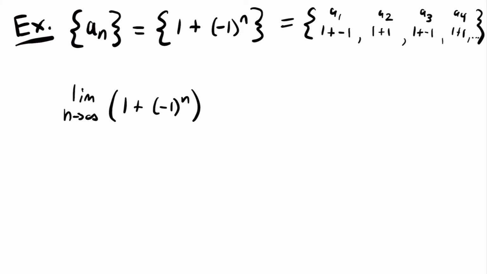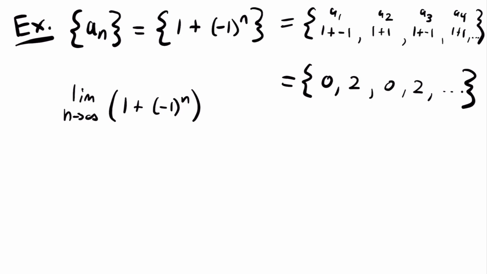And so what we have here is that this is equal to 0, 2, 0, 2, and so on, right? 1 plus -1 is 0, and 1 plus 1 is 2, and we're going to alternate between those two values of 0 and 2. Because this sequence oscillates between those two values, it's not converging to one specific value. It's either 0 or 2, 0 or 2.